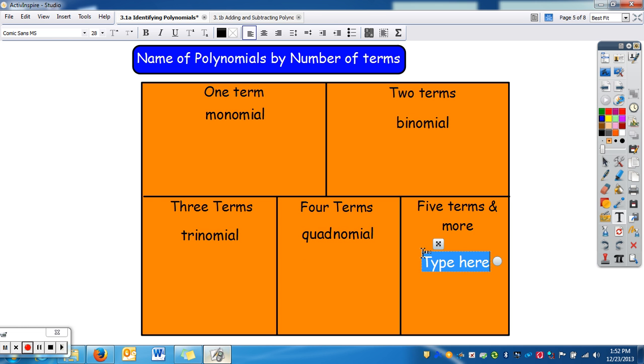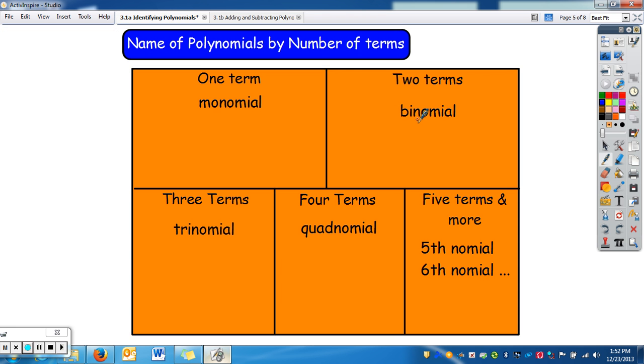And 5 terms, very impressive, we say 5th nomial, 6th nomial, dot, dot, dot. So important to point out, they all have nomial in them.